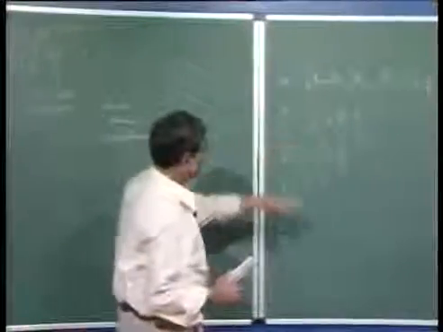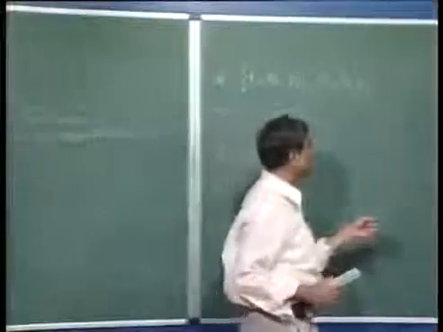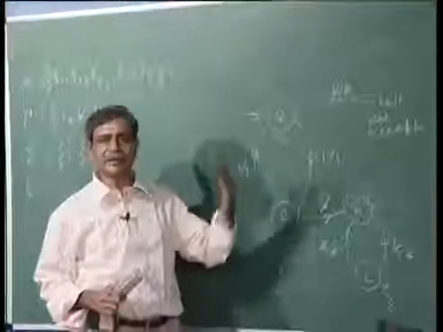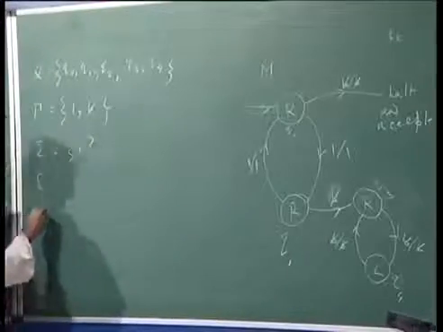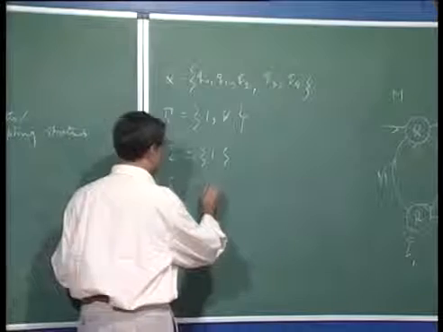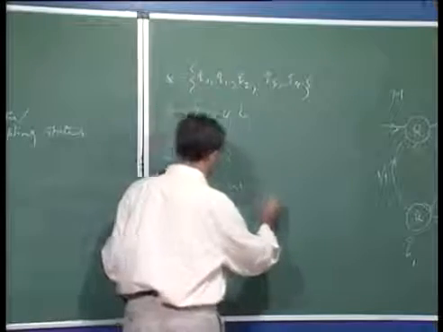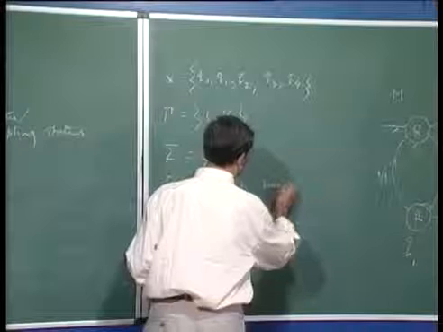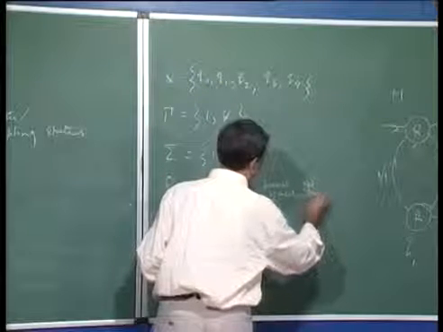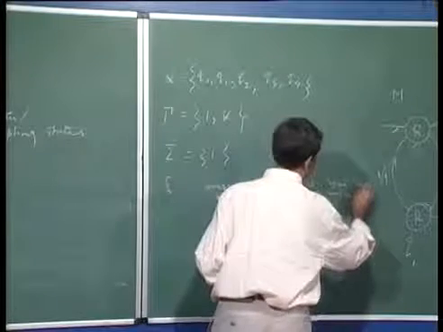Delta you have to specify by giving the map which would tell me, given a present state and given the symbol being scanned, what will be the next state, etc. So, we can specify delta by means of a table, a table of quintuples: present state, present symbol, next state, symbol written, and direction of move.